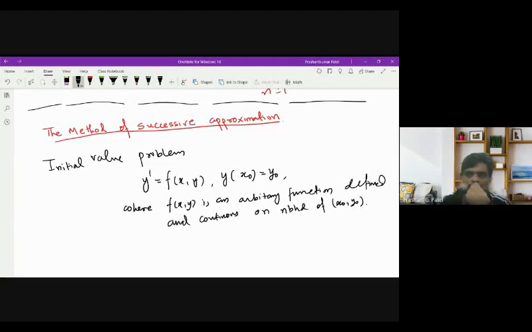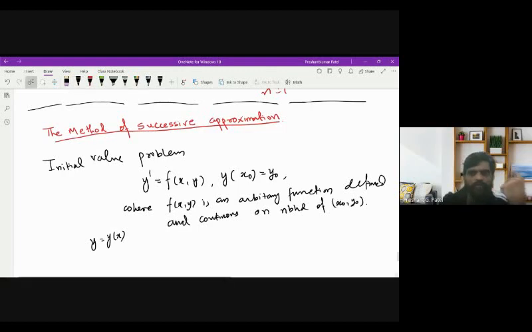So our purpose is to devise the method of constructing a function y is equal to y of x, whose graph passes through the point x0, y0 and satisfies this differential equation y dash is equal to f of x y in some neighborhood.